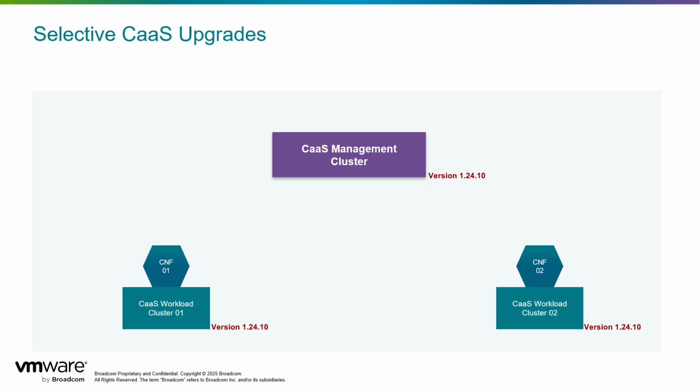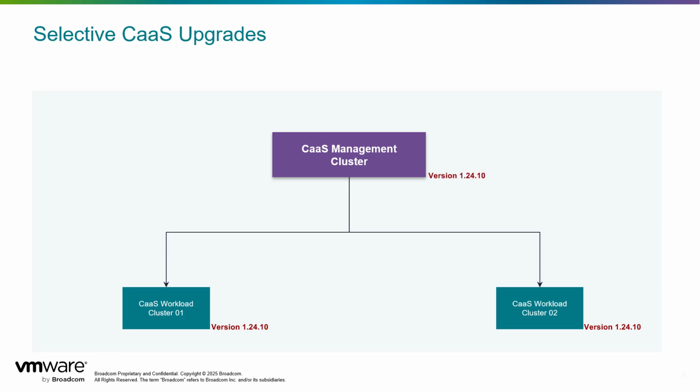To upgrade CaaS workload cluster, you would first have to upgrade the CaaS management cluster. But the CaaS management cluster manages other workload clusters as well, and upgrading that management cluster would mean losing some functionalities or restricted CRUD operations in managing the workload clusters that are on the older Kubernetes version.